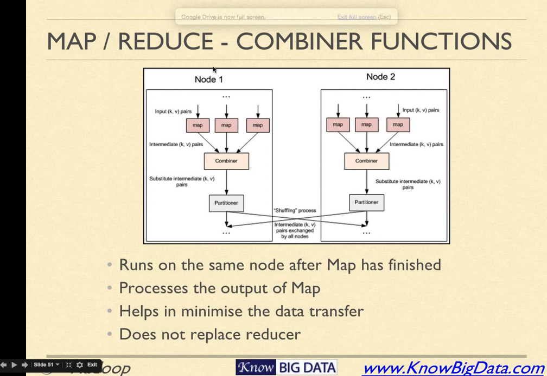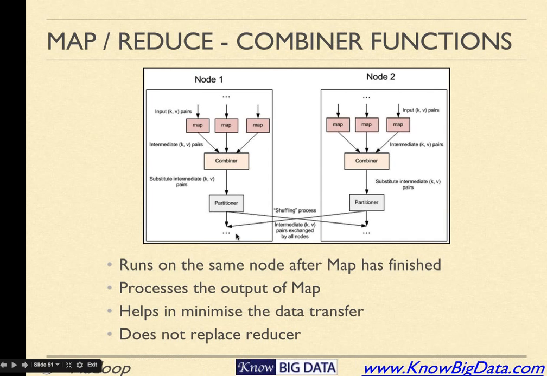Now you can see that there is a node 1, there is a node 2. Node 1 is running some mappers. The output of the mappers is on the same machine. So here we have a single machine, and again and again the map function is being called. The output of it is being gathered on the same machine.